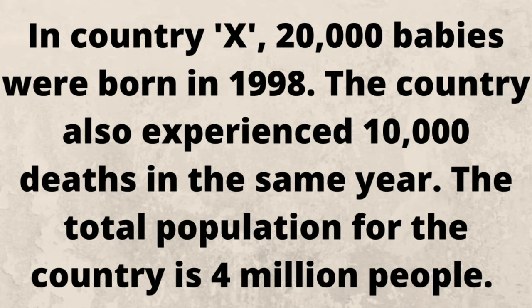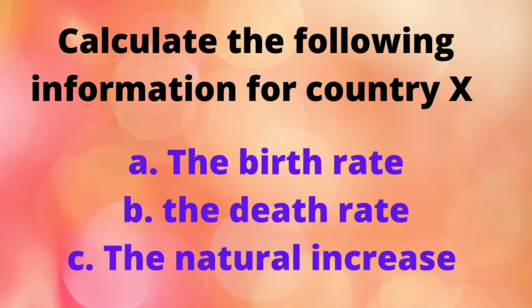Now, you are expected to calculate the birth rate, the death rate, and the natural increase. I have chosen some simple figures in this problem, because the idea is really just to show you how to work this out, right?